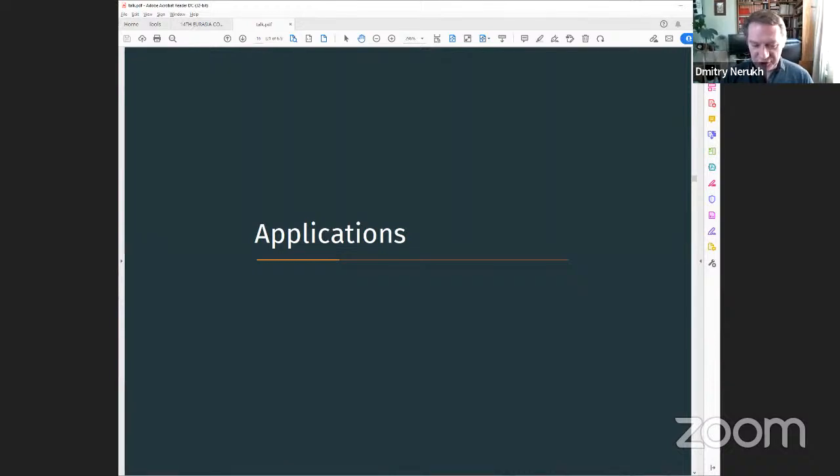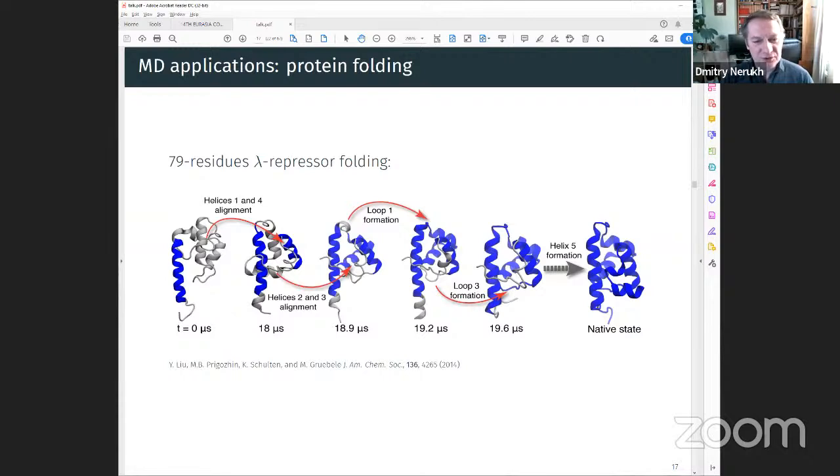A couple of applications. One of the most striking applications, from my point of view, is the simulation of protein folding. Despite all these simplifications and assumptions and the classical nature of interactions between the atoms, such simulations are capable of folding small proteins in solution.